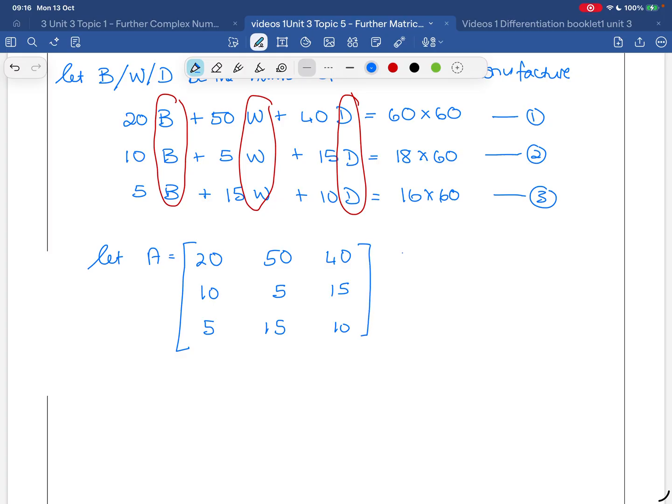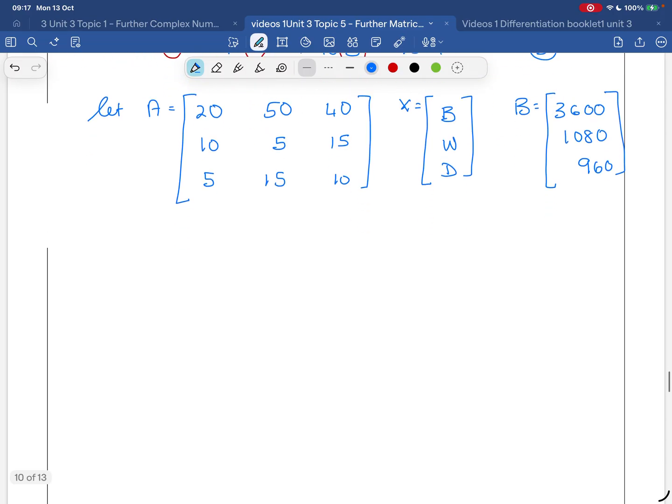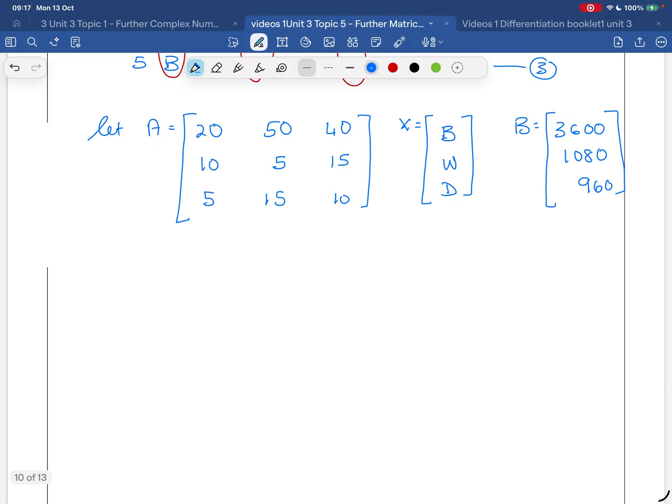And then my variables, which will be my X, is going to be my B, W, and D, and my answer, or my hours available turned into minutes, will be 3,600, 1,080, and 960.